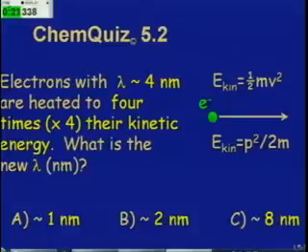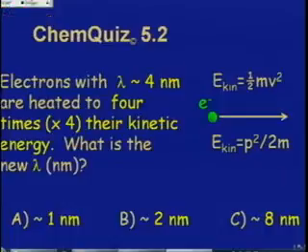What happens to the momentum? If you multiply the energy by 4, how many times does the momentum go up? Now put it in that equation. You can use that one too, or use that one. It's the same.